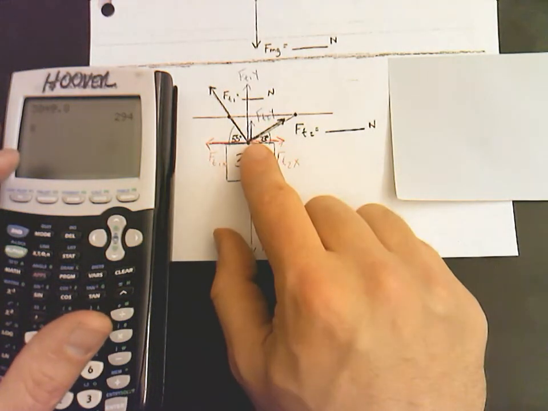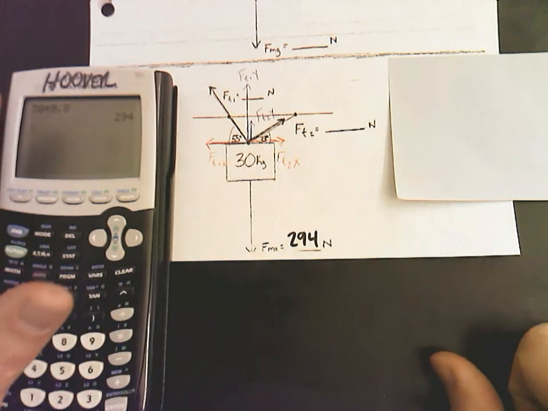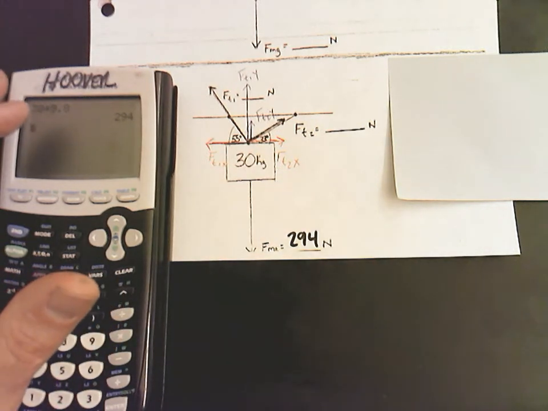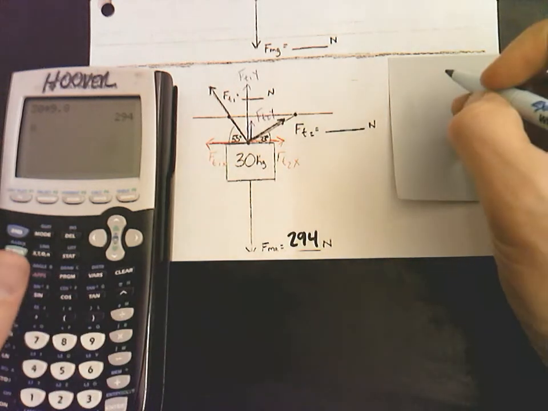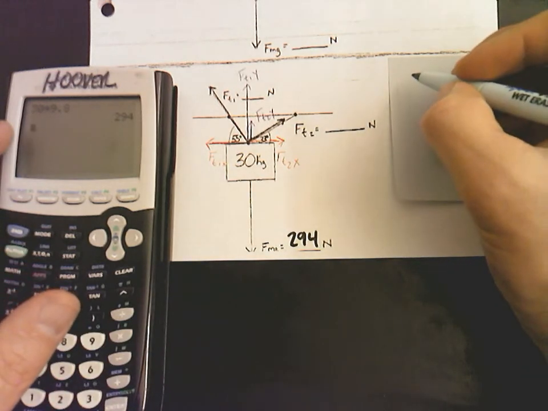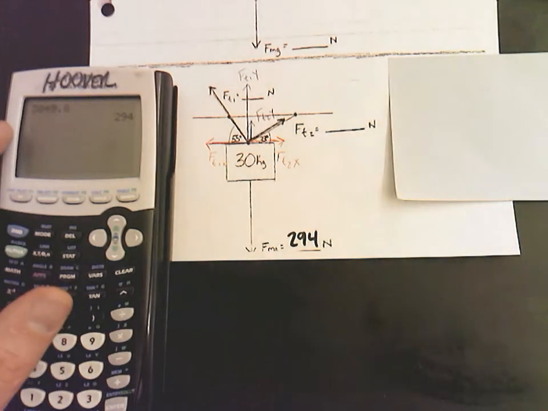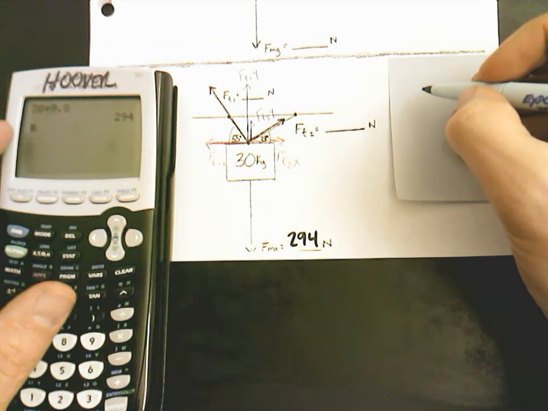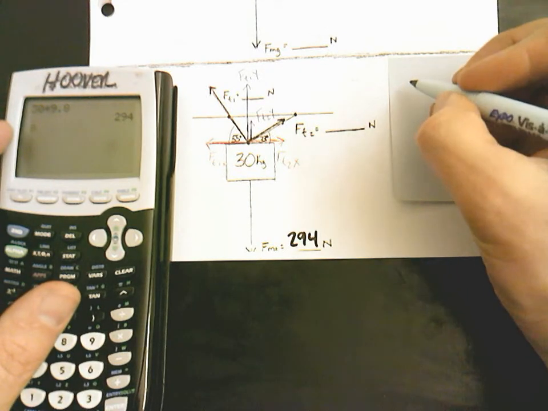Now if you look carefully, you'll notice that the x's are identical, but the y's are not, and that's why FT1 is so much greater than FT2, because they have the same x but a much larger y component for the 55-degree angle one. We know that 55 will give us more tension. FT1 will have to be bigger than FT2. You can see that by just looking at the magnitude of the arrows. But when we get down to the specifics, it gets a little bit more complicated.